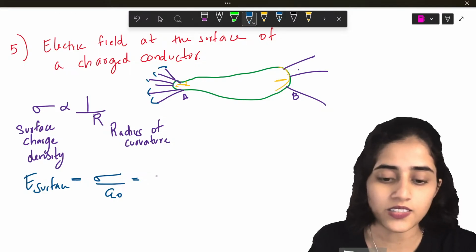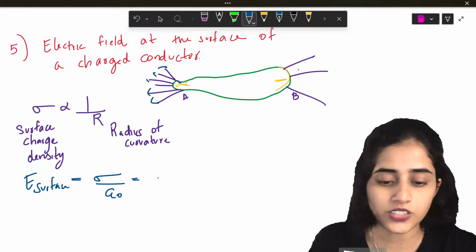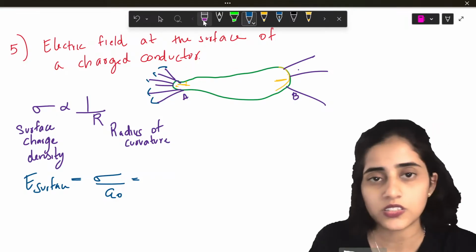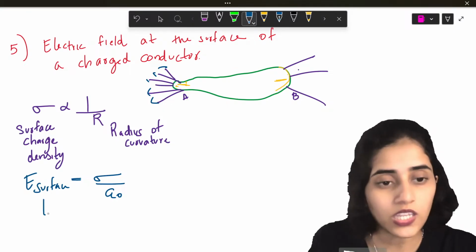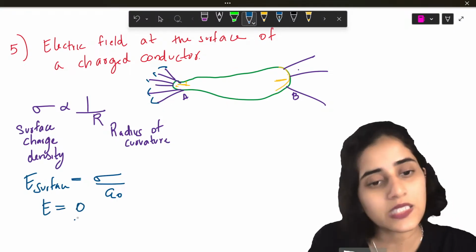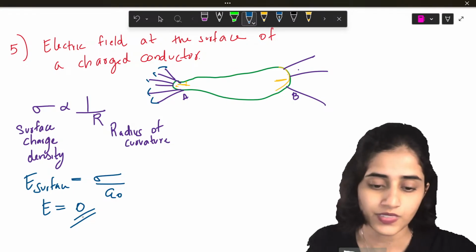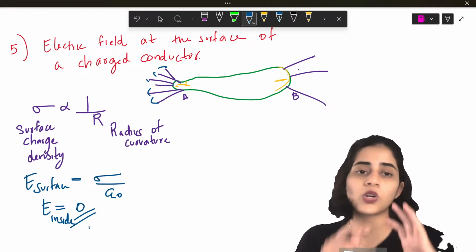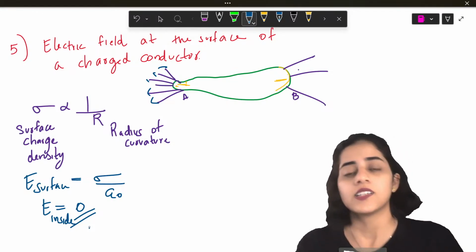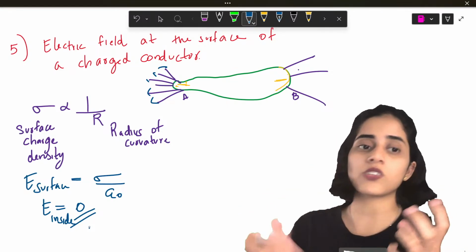So E is 0 inside. We have to prove that electric field lines are only on the surface.